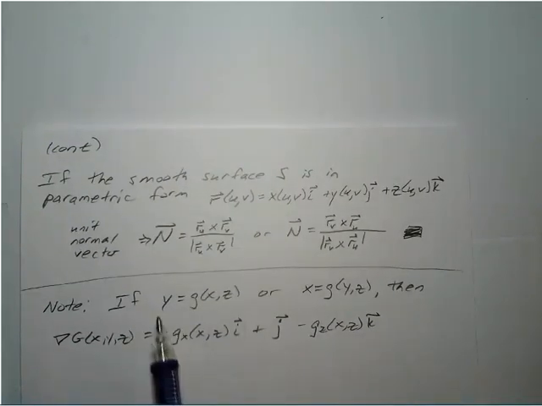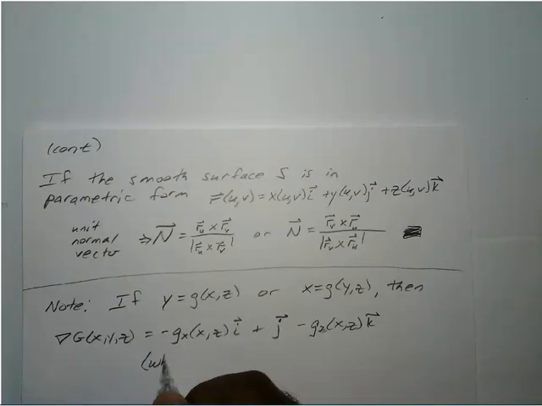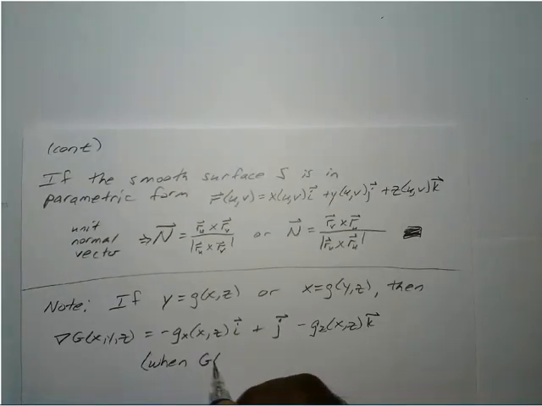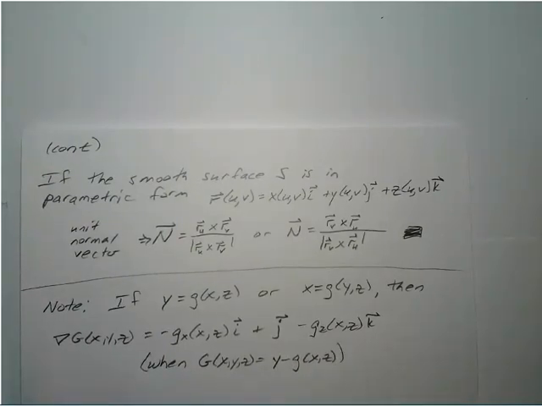If you notice, before, when you solved for z, there was nothing next to the k vector. But here, when you solve for y, there's nothing next to the j vector. But that's assuming that g of x, y, z is y minus g of x, z.